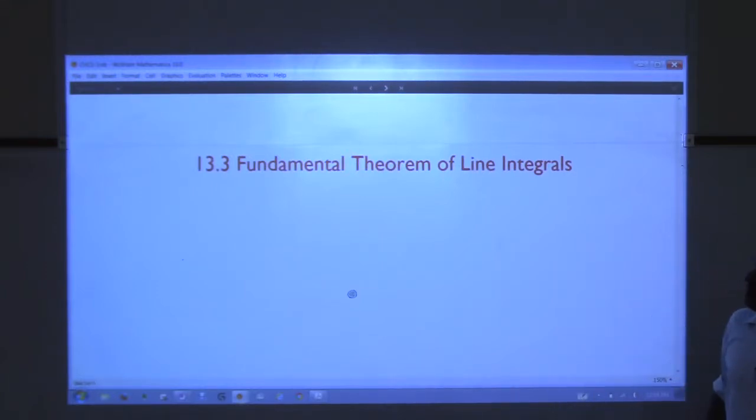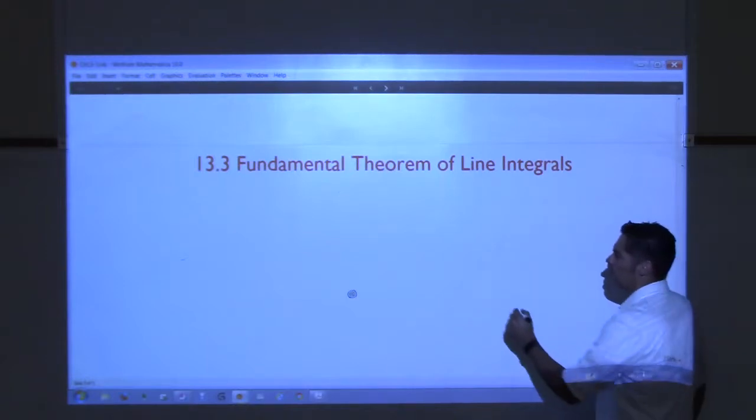Okay, here we go. We've made it to the fundamental theorem of line integrals. There are a couple of theorems in your math sequence that have been important. The fundamental theorem of calculus in Cal 2 related the derivative and antiderivative together.